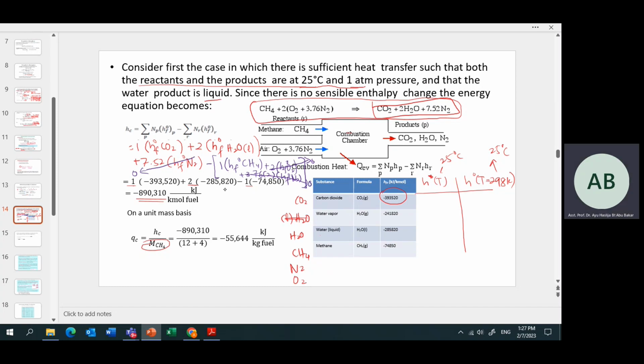So in this solution, you will see CO2 multiplied by its HF, 2 multiplied by negative 285, the HF for liquid water, minus 1 multiplied by 74, the HF of methane. So you will get the heat of combustion in kilojoule per kmol.